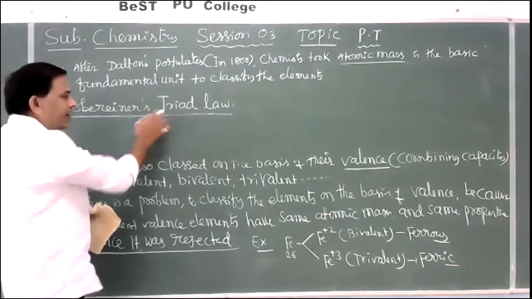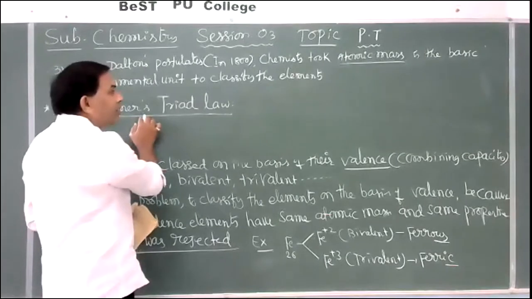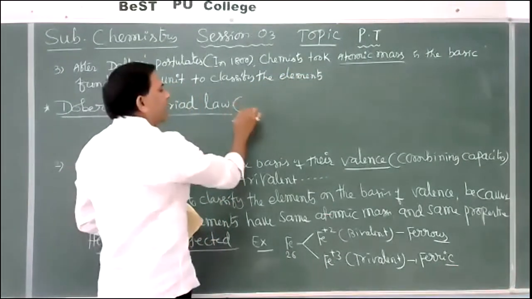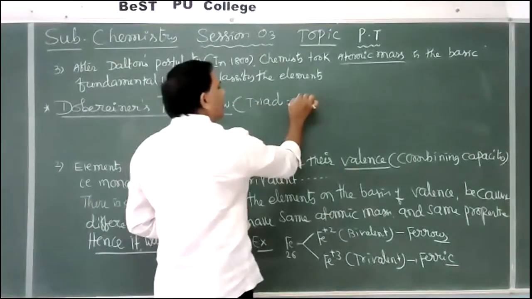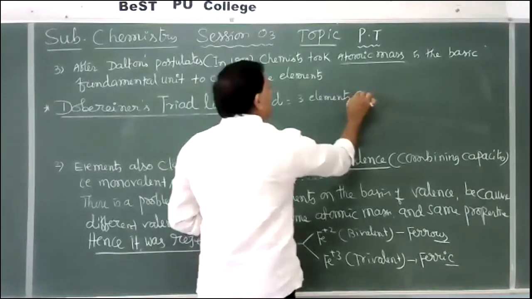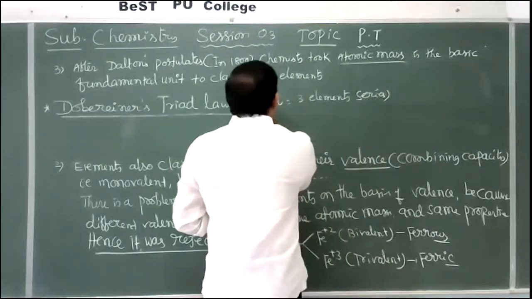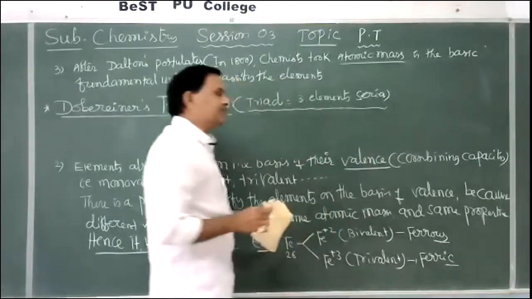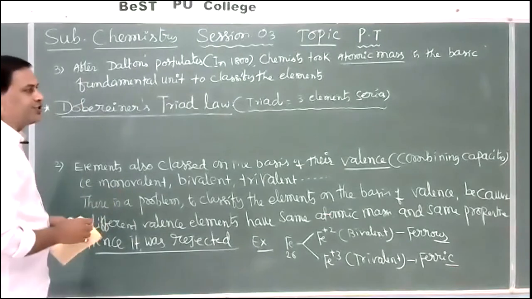What is a triad? Tri means 3. Here Dobereiner used atomic mass, and triads mean a series of three elements with an atomic mass relation.